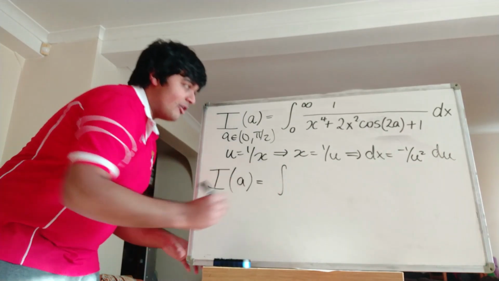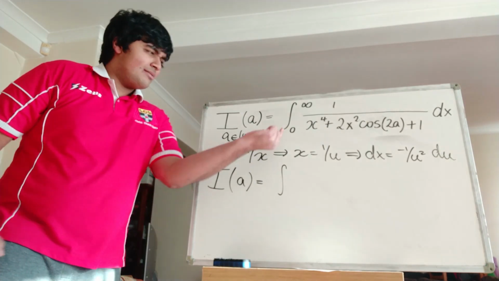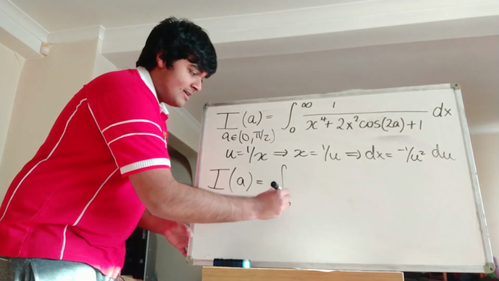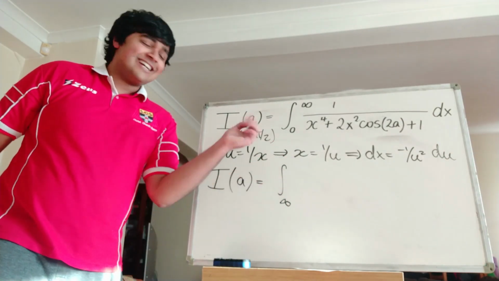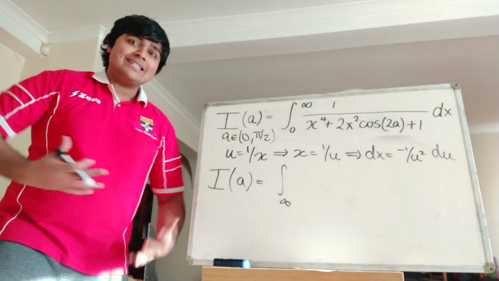Now when x is 0, this thing here is 1 over 0 plus, so 1 over 0 plus is positive infinity. And at the top of the integral, when x is infinity, u becomes 1 over infinity, which is just 0.